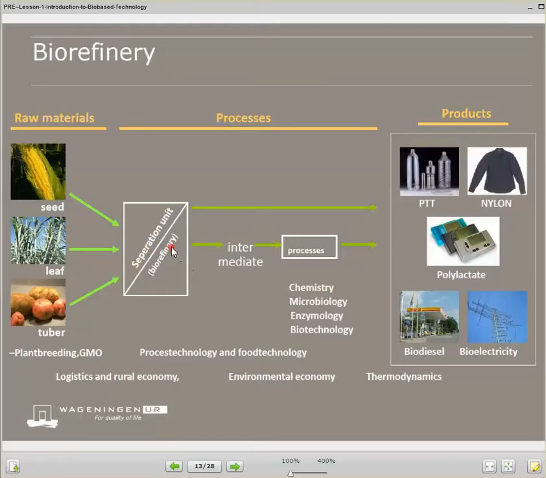Sorry for the small typo, that should be an E in biorefinery. There will be an intermediate step, followed by some other processes, and developed into, for example, plastics, nylon, polylactate, biodiesels, and bioelectricity.